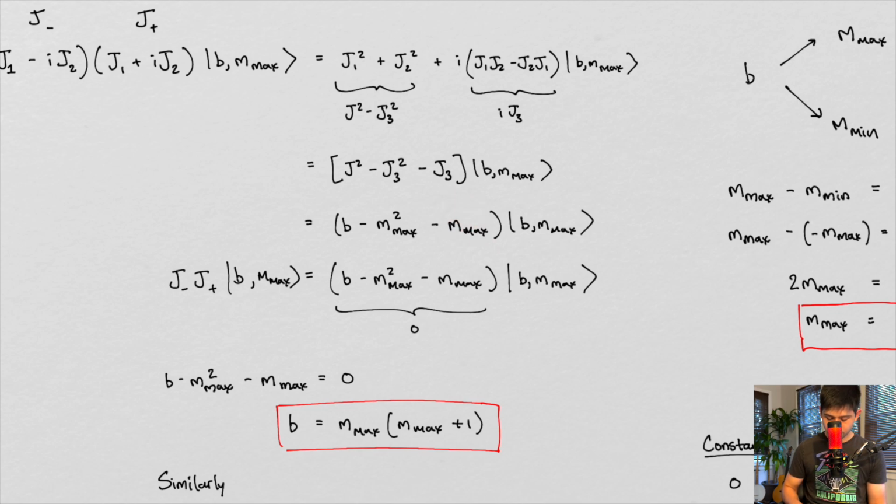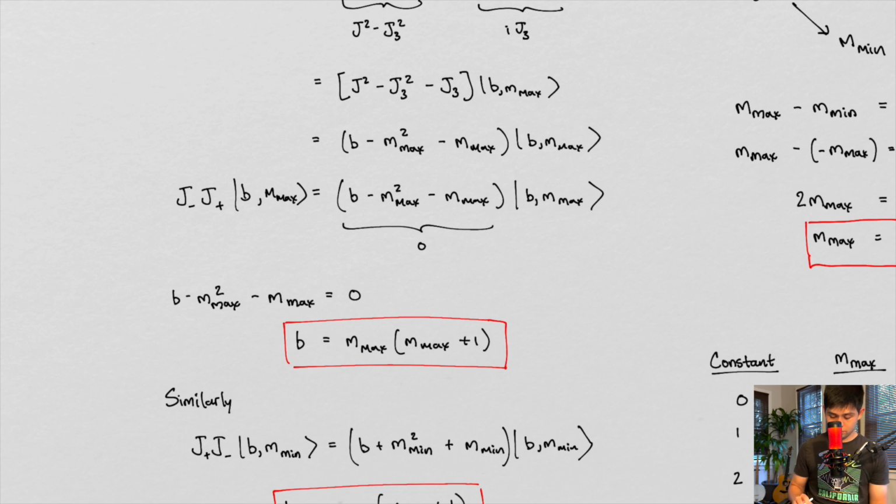Okay? So now, what we are doing is we want to set this equal to 0, right? Because when J plus acts on J max, well, we shouldn't get anything more, right? We're acting on the maximum value for m max, so anything beyond that is just nothing. So we get this guy here equaling 0, right? So what does this mean? So we set all this equal to 0.